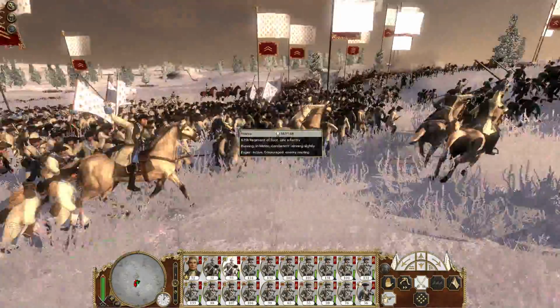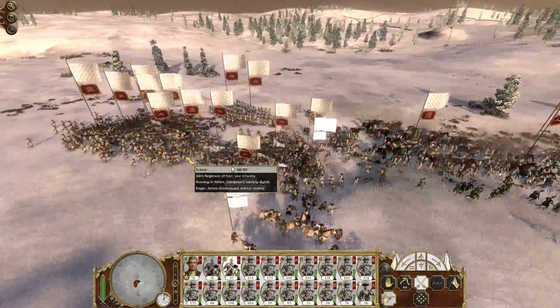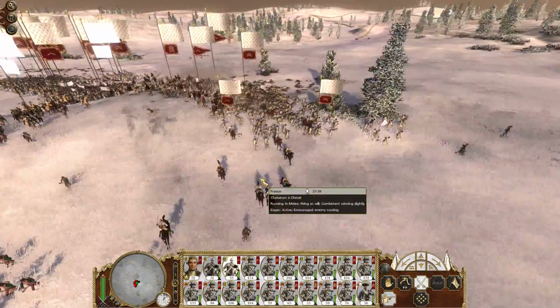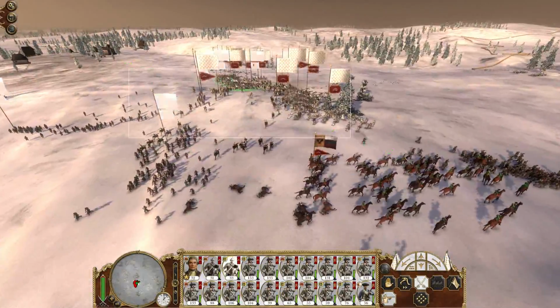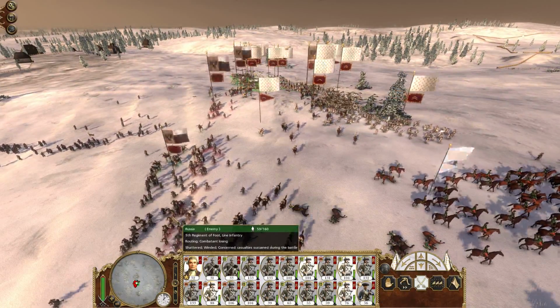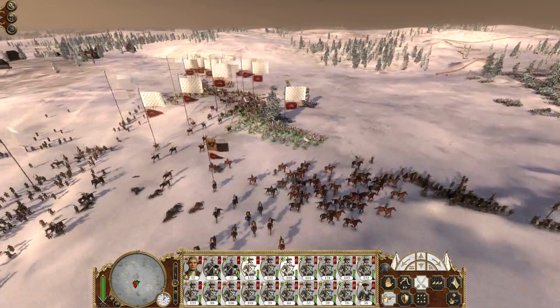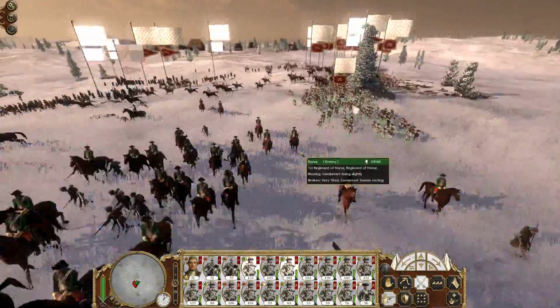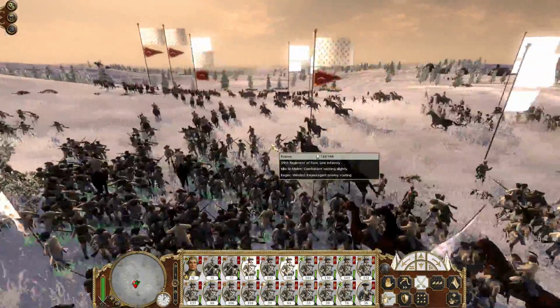So this was a perfect example of how this kind of engagement should take place. Obviously. It's working very well for now.